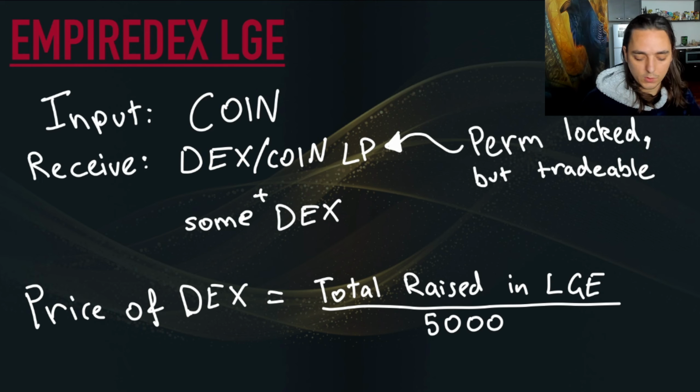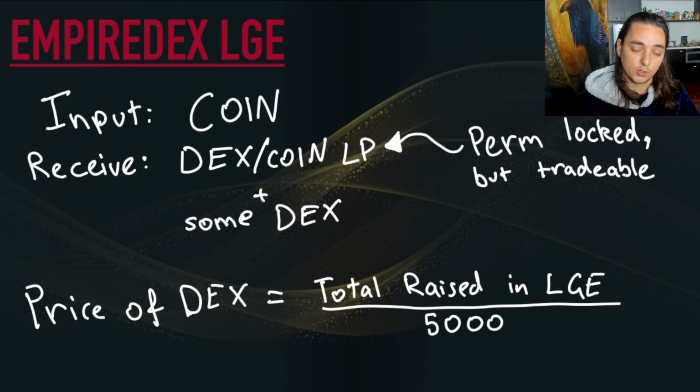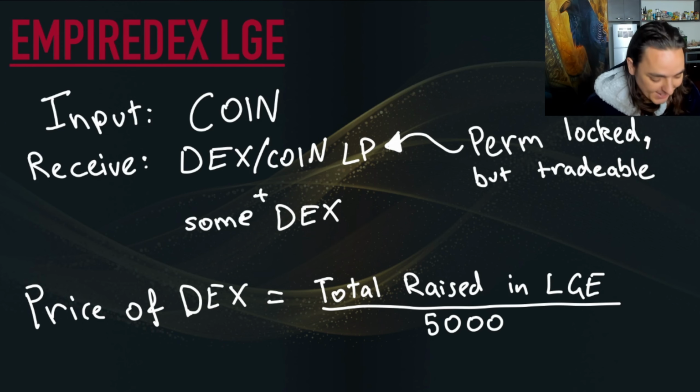And you also do get a small amount of CroDEX as well, because those are the bonus tokens we give out to the LGE participants. And basically, the reason why it is permanently locked is to allow functionality for weaponized liquidity. I will have some links to videos explaining that in the comments or the description, whatever.